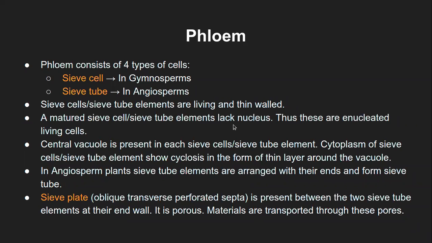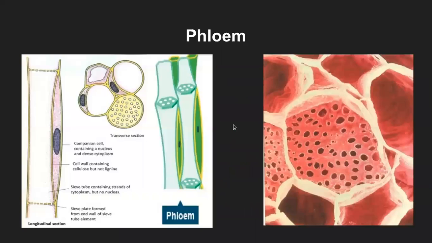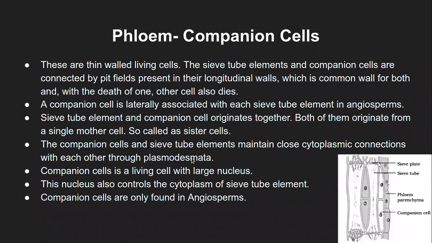One cell will take the nucleus and the other cell just takes some part of the cytoplasm and forms the structure. That is the meaning of this statement, that the companion cell is a living cell with a large nucleus, and because it is a sister cell of the sieve tube, which doesn't have the nucleus, that is a type of unequal cell division, unlike mitosis or meiosis.